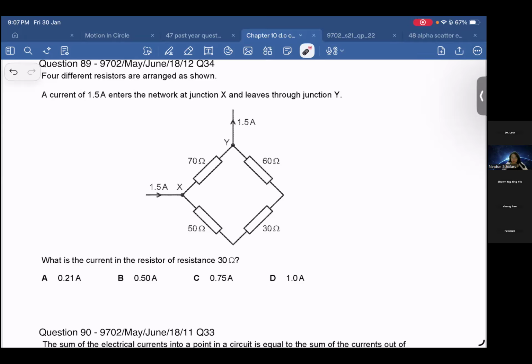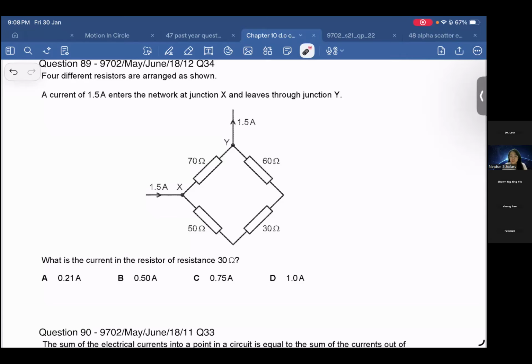Chonghan, do you mind sharing with me how you solve? Actually, many ways to solve. I want to know which one will be your idea. How you solve it. The rest of you solve it and then tell me your answer. Chonghan, you tell me whether you calculate the total resistance first, then find what? Or you find the current. What is your idea in solving this?